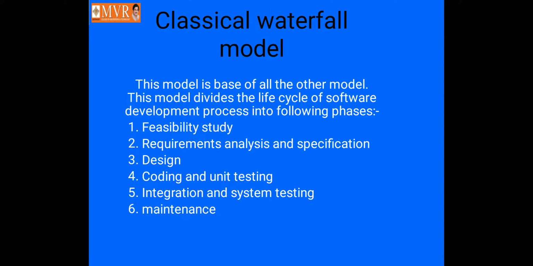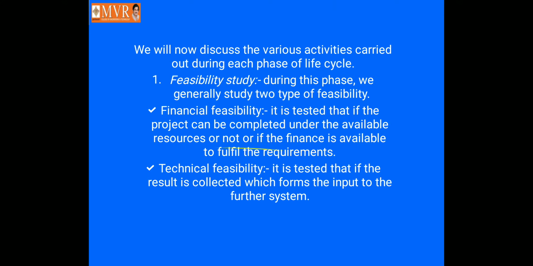Third is design. Fourth is coding and unit testing. Fifth is integration and system testing. Sixth is maintenance. We now discuss the various activities carried out during each phase of the cycle.